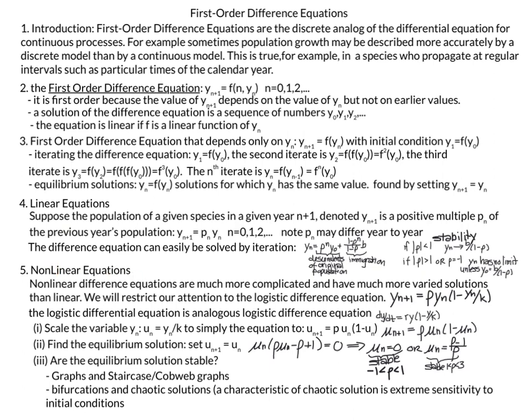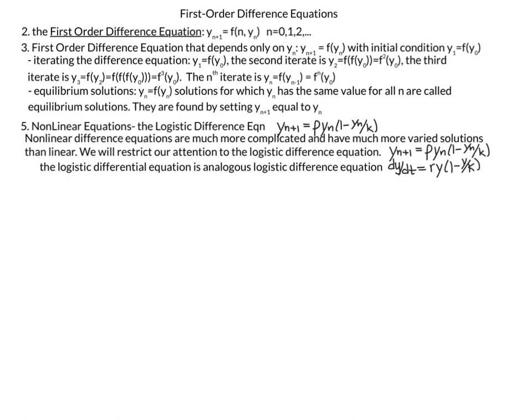Now we're going to look at the nonlinear equations, which naturally is more sophisticated. As I had mentioned, when we look at our nonlinear difference equations, we are going to focus on the logistic difference equation.